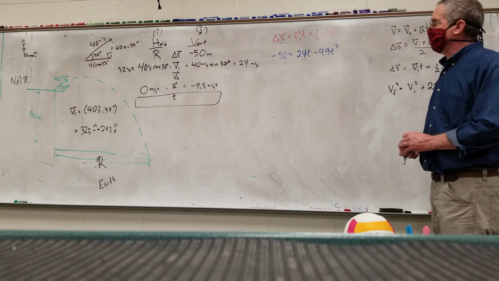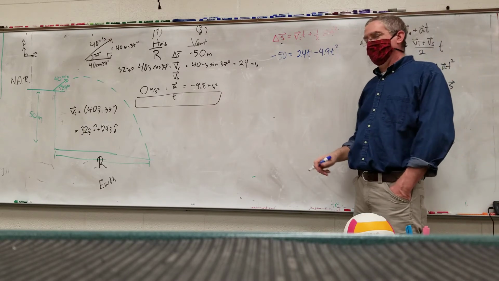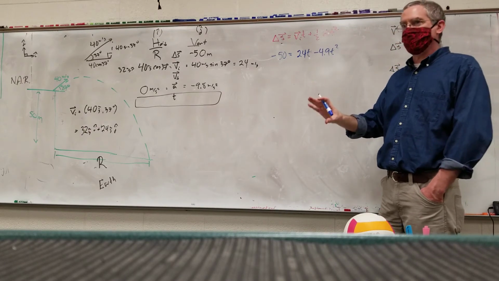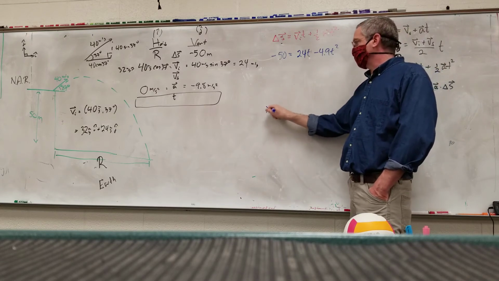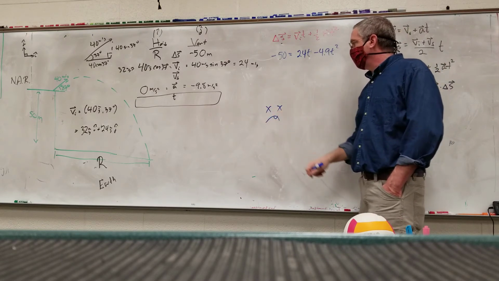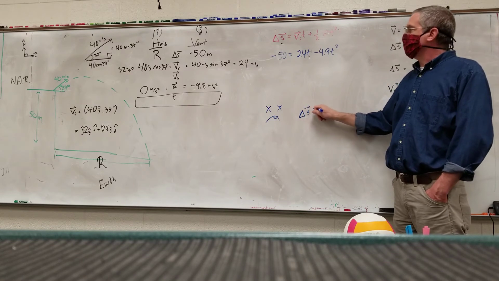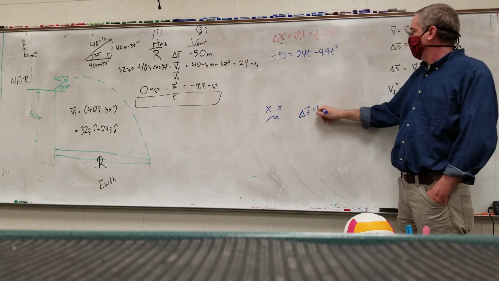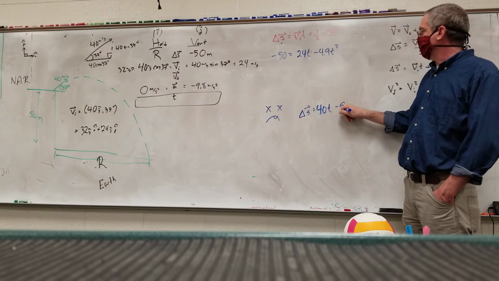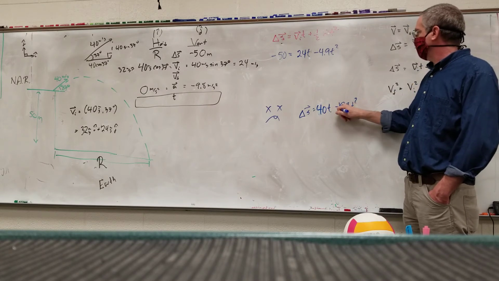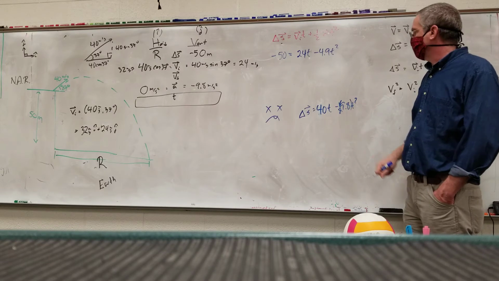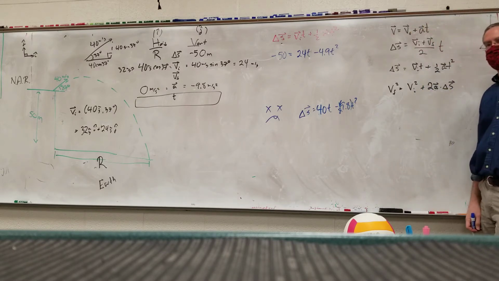The other biggest mistake is I see people plugging into this formula. I'm about to write something down which is not the way you're supposed to do it. So I'm gonna put the Mr. Yuck sticker there. Delta s is equal to, oops, 40t minus 9.8t squared. That is probably the biggest mistake I've seen right there. The other big mistake.